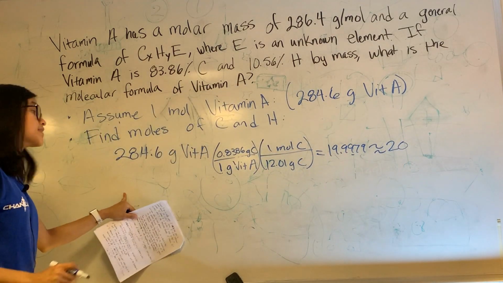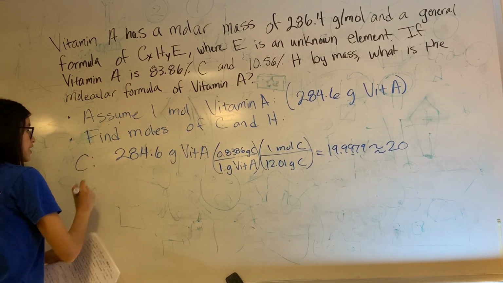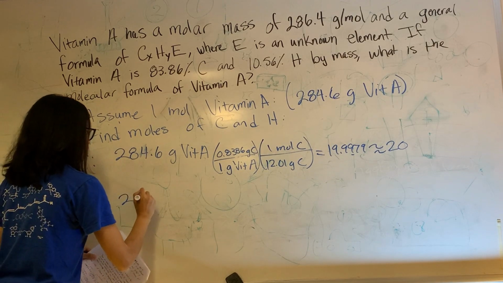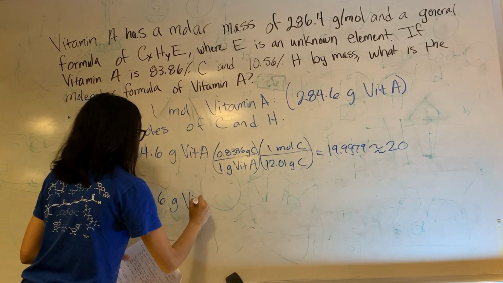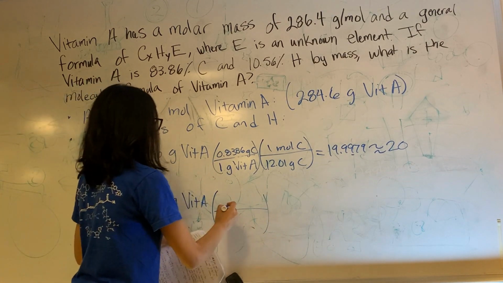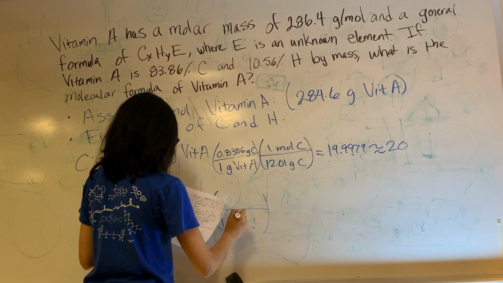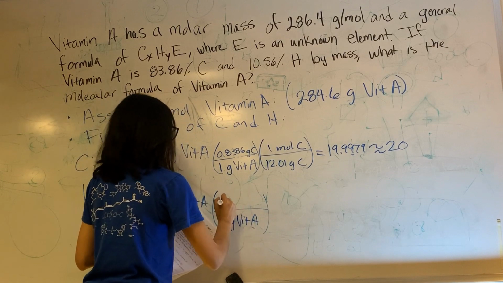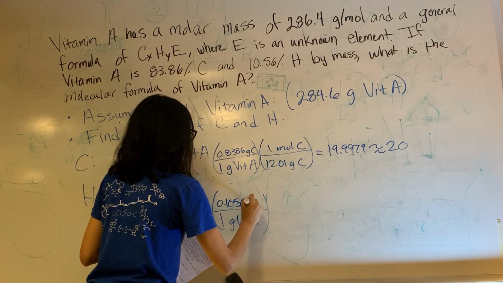Okay, then you do the exact same thing for hydrogen. So this was finding carbon here. Now let's go for hydrogen. So again, starting from your grams of vitamin A, you then use your percentage, 10.56% of hydrogen, to say that every gram of vitamin A has 0.10556 grams of hydrogen.